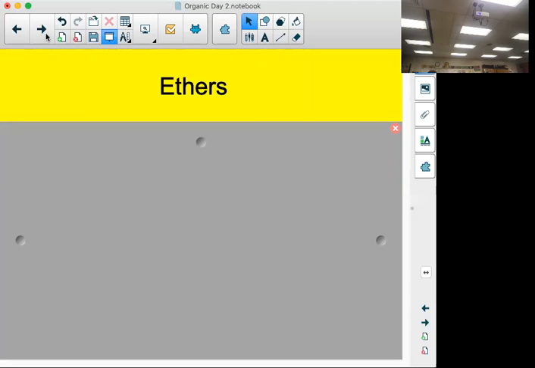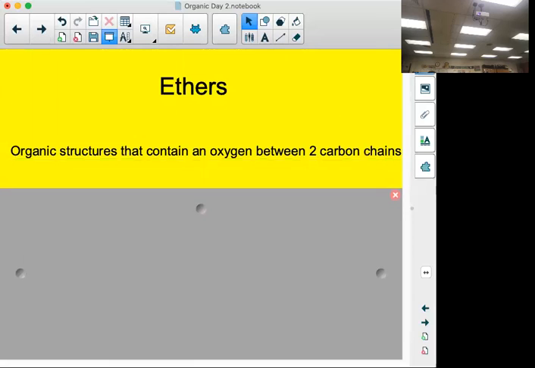Now, what are ethers usually associated with? Does anybody know what we used ethers for? When we used to do surgery, we used to put a towel over the patient's face and pour ether on top. The main reason is that it's an oxygen between 2 carbon chains, so the body can see that like oxygen and would take it in the same way as oxygen.